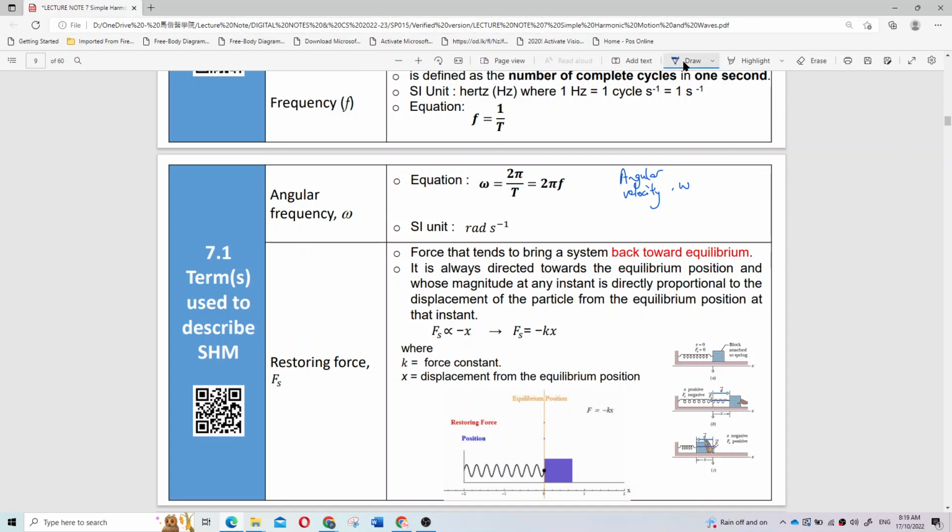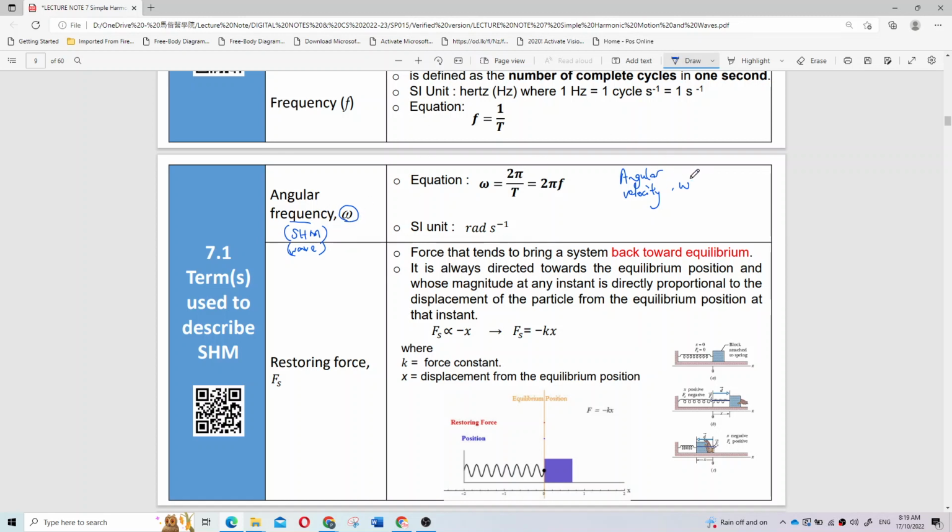It's called angular frequency when you are in SHM, simple harmonic motion, or in mechanical waves. We call this omega angular frequency.